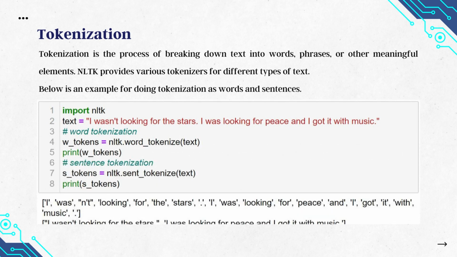Here is an example for doing tokenization using NLTK. We can use the nltk.word_tokenize command for doing the word tokenization, and we can use the nltk.sent_tokenize command for the sentence tokenization. So it will return the word tokens or the sentence tokens respectively.